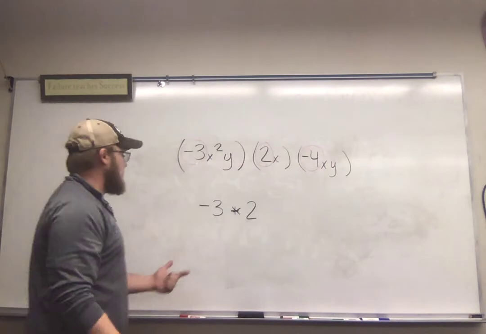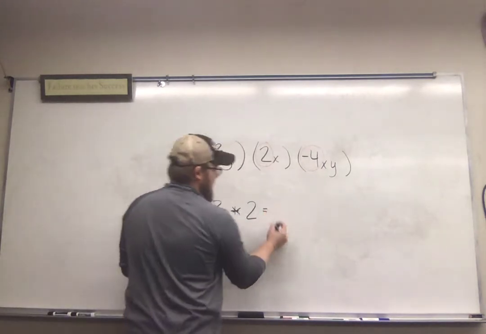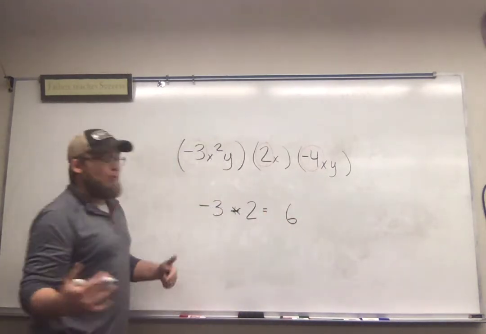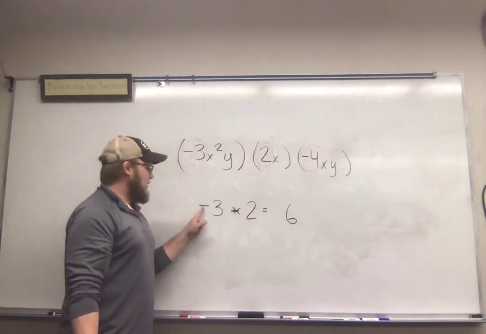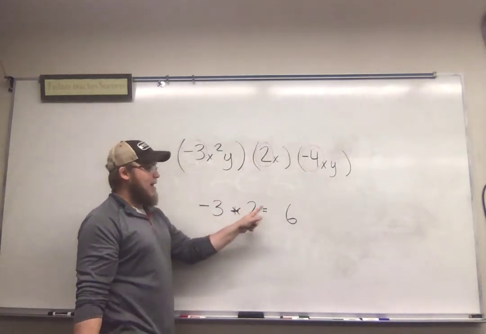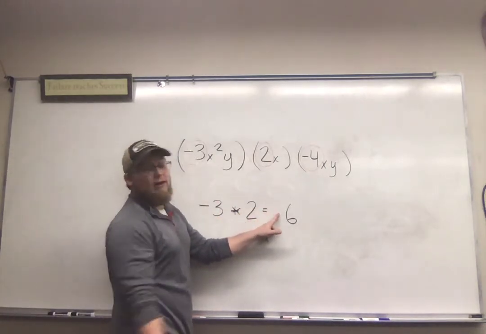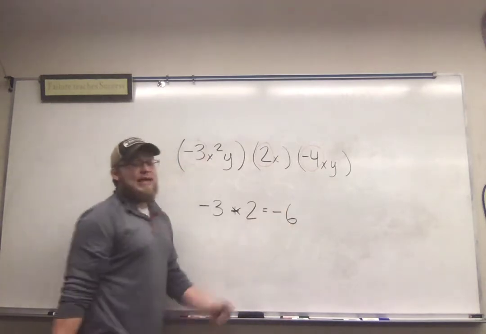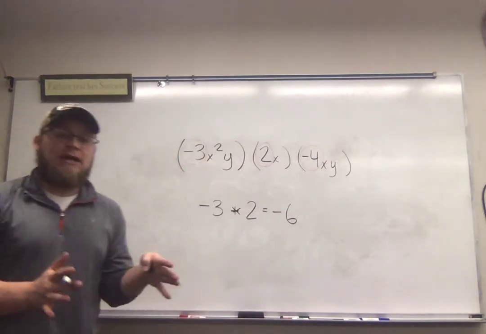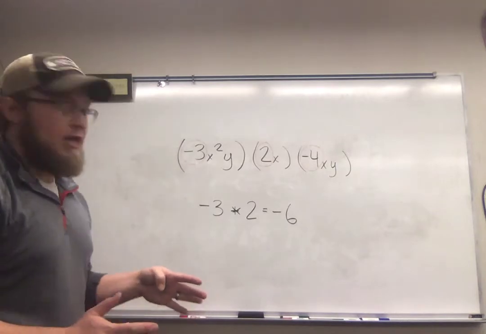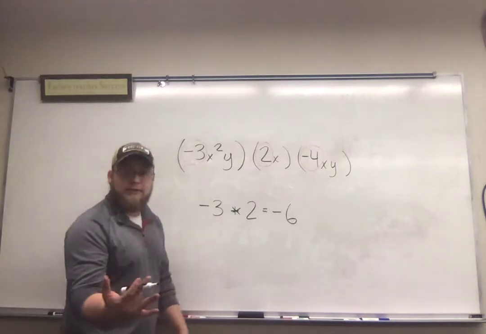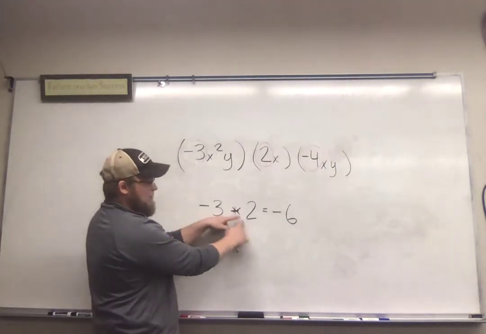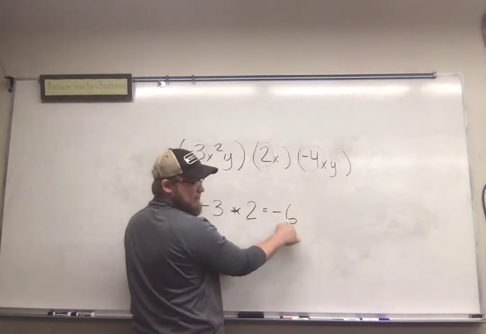Negative 3 times 2, well, our answer is surely 6, but what about the sign? Remember, if you only have one negative in the math problem, then your answer has to also have a negative, because you need an even amount of negatives for the math problem to be correct. So negative 3 times 2 is actually negative 6.